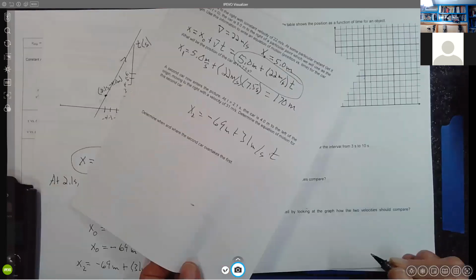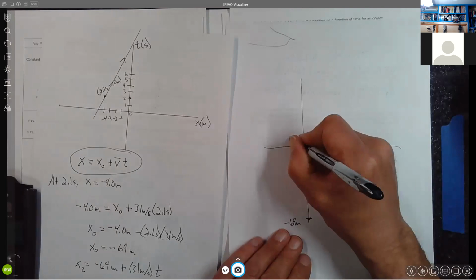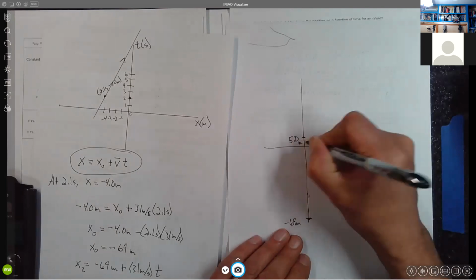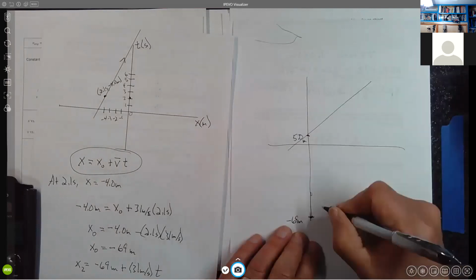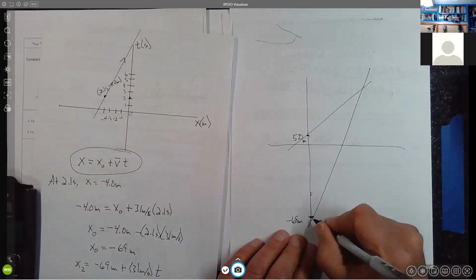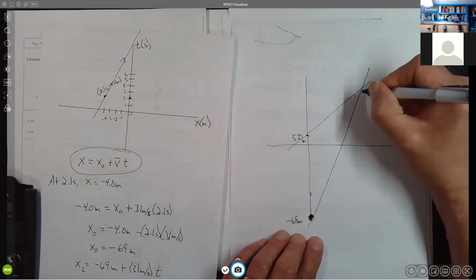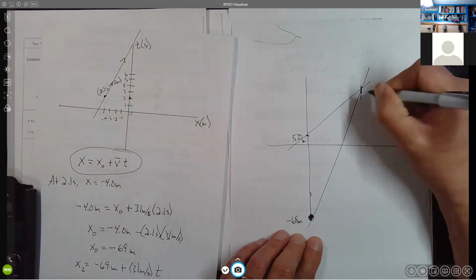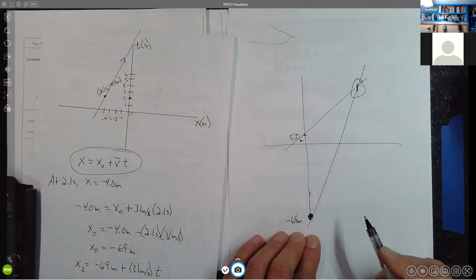The other one is at 5 meters at that time. And this is not a good graph at all. If I had graph paper, I'd make it. But this one has a smaller average velocity. This one has a steeper average velocity. Missed. Close enough. Just make the dot bigger. Perfect. Okay. Anyway, the second car overtakes the first when their two lines cross.